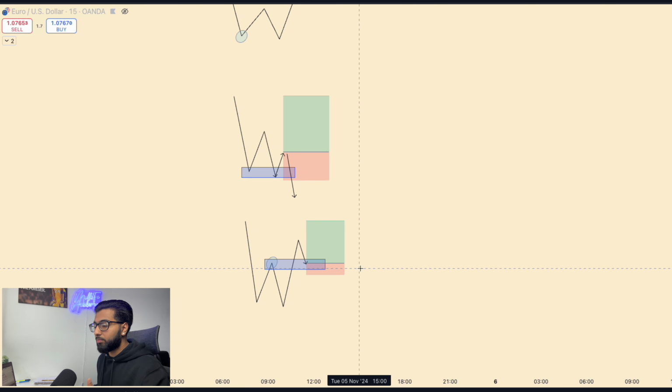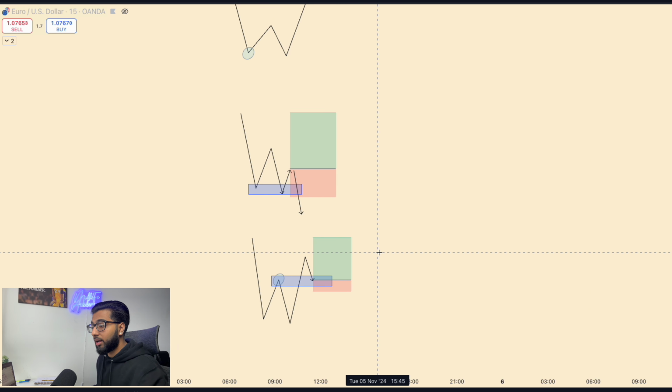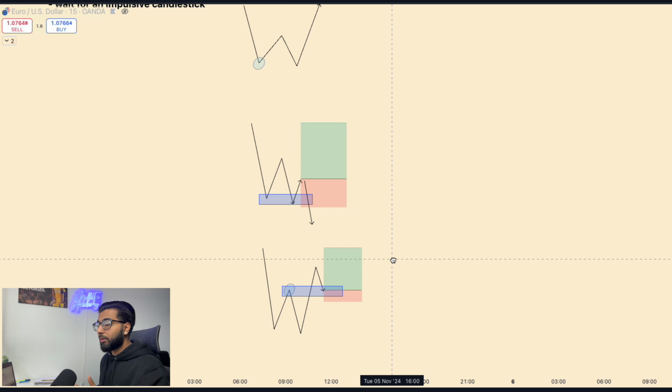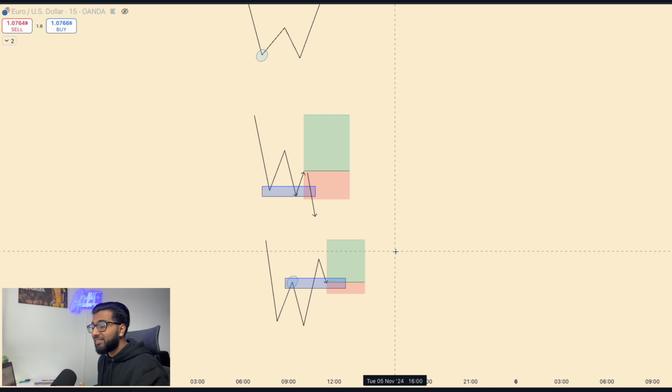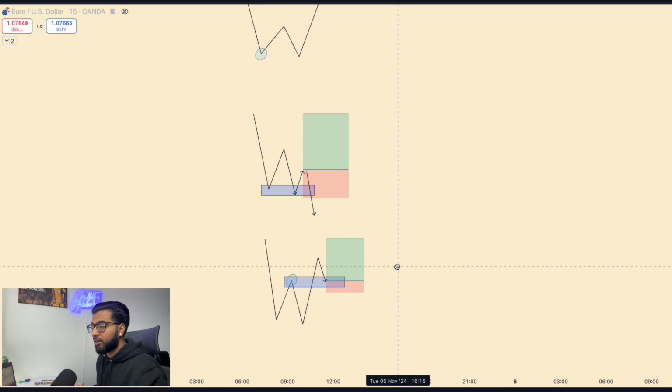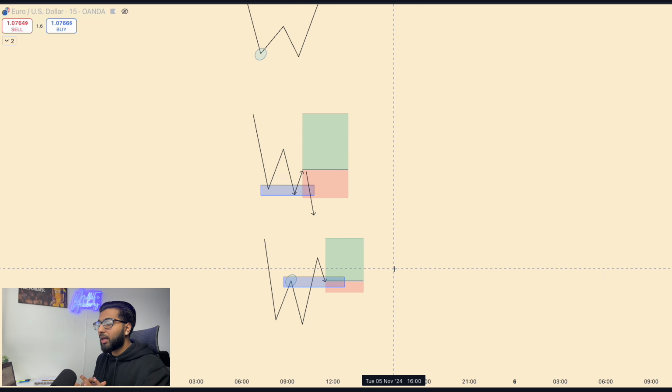There's always chart patterns where it's clear as day, but the market just decides to not go in your way. That is totally fine. This setup right here works around 7 to 8 times out of 10, okay? I'm not going to say that this pattern works 100% because no pattern in the world works 100%, but when I trade these patterns, most of the time I am in and I hit profit and I'm out, okay?